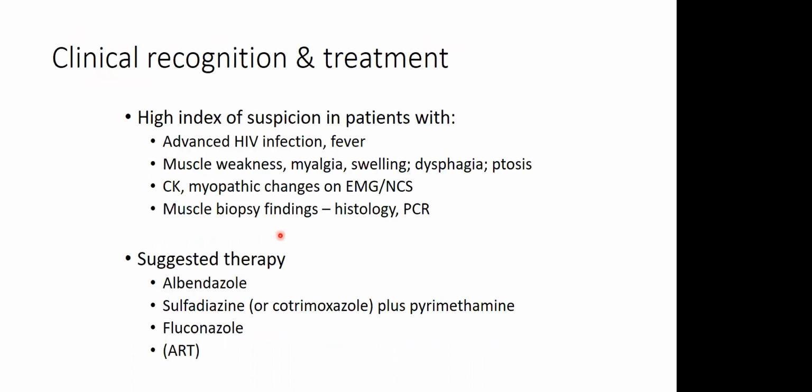So what we require for recognition of microsporidial myositis is a high degree of suspicion in patients who are at risk with muscle weakness, myalgia, muscle swelling, may affect muscles of the face and pharynx.